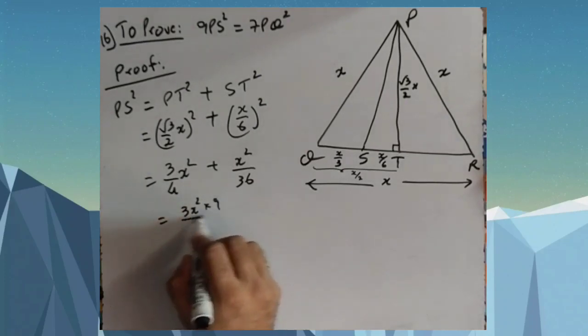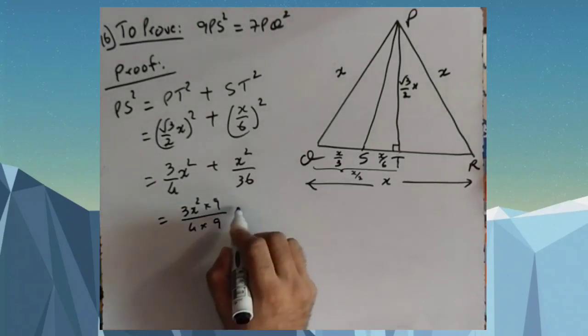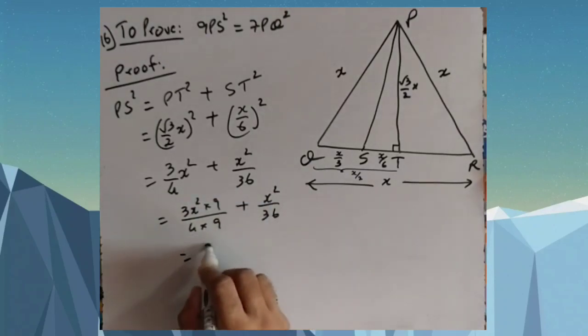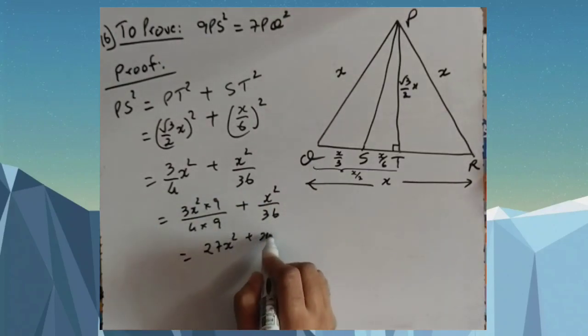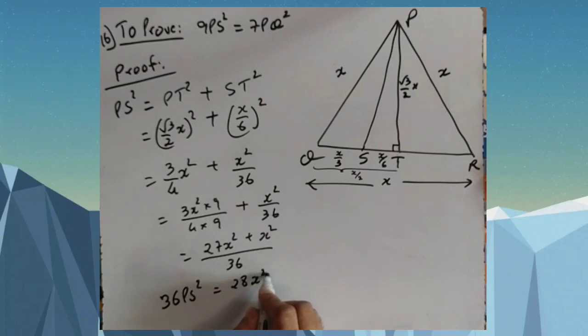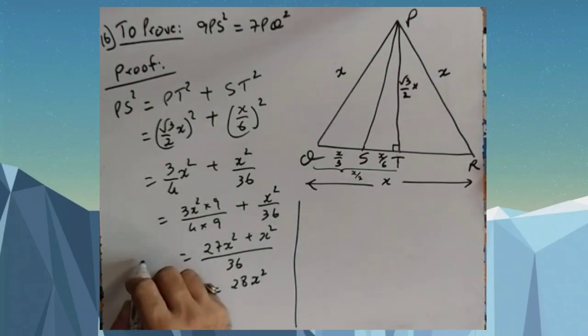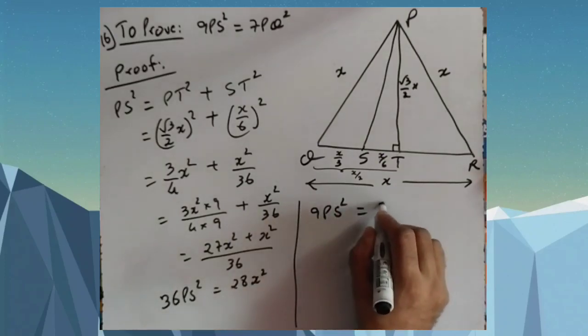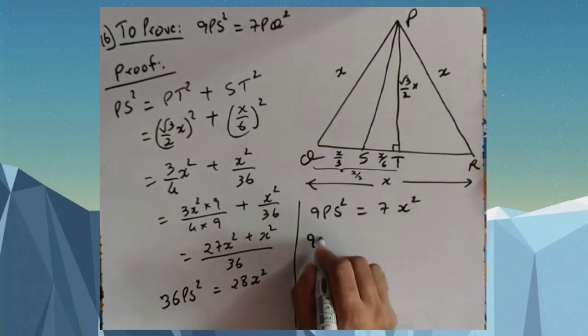Equalizing the denominator into 36, multiply in the numerator and denominator by 9. This will give us 27x square plus x square upon 36. 36 PS square is equal to 28x square. Dividing both the sides by 4 will give us 9PS square is equal to 7x square.